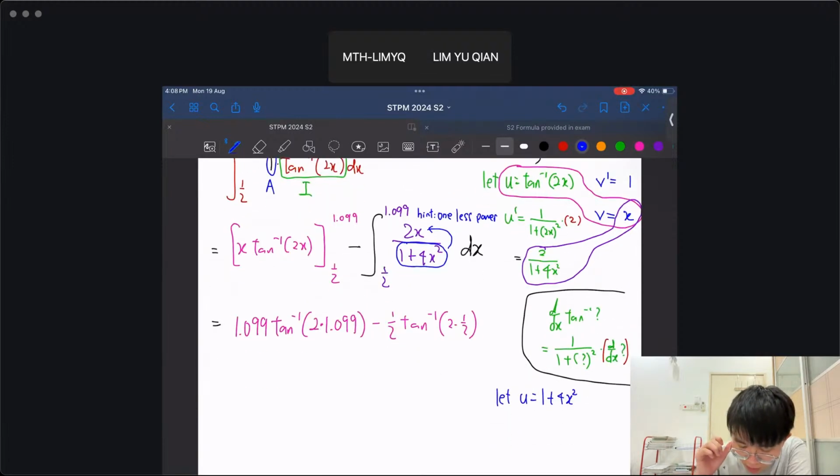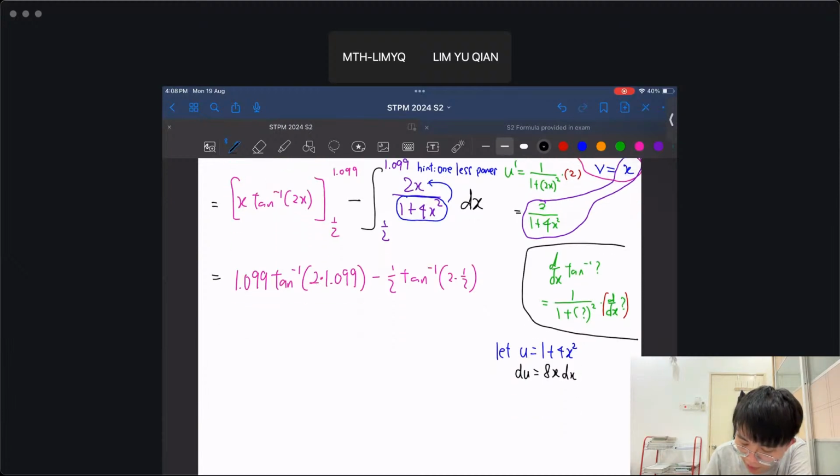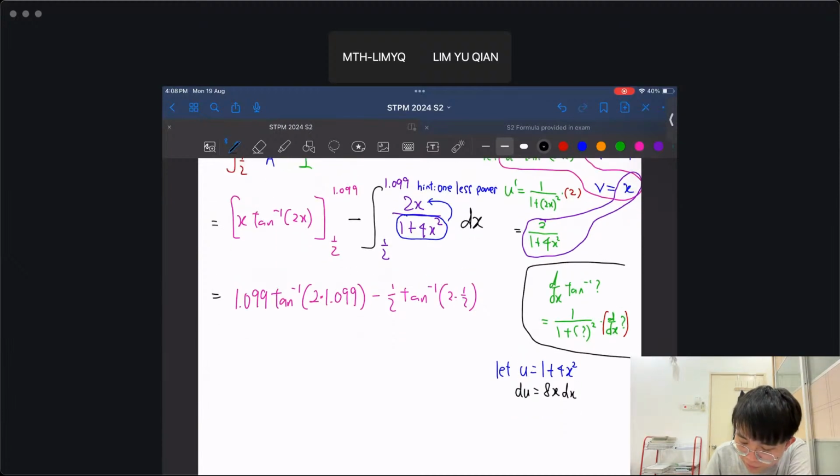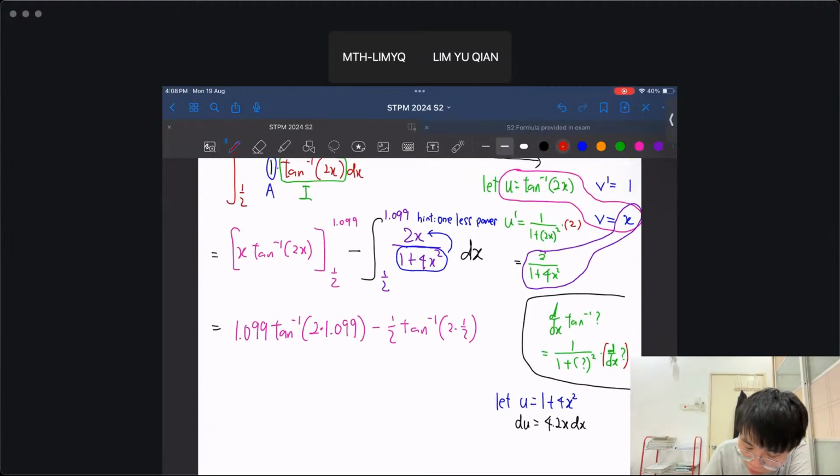Okay. So let u equal 1 plus 4x squared. And then we differentiate. du equals 4 times 2x dx. But what I want, if you see here, later I want to substitute, if possible, 2x and dx all together.